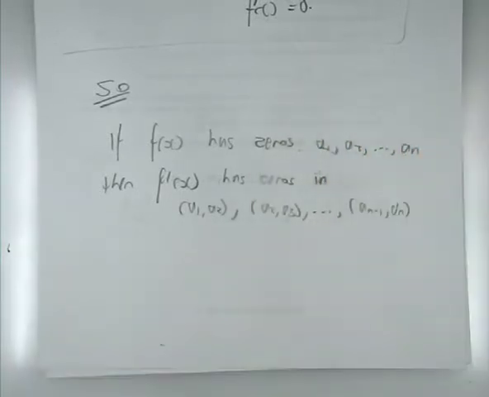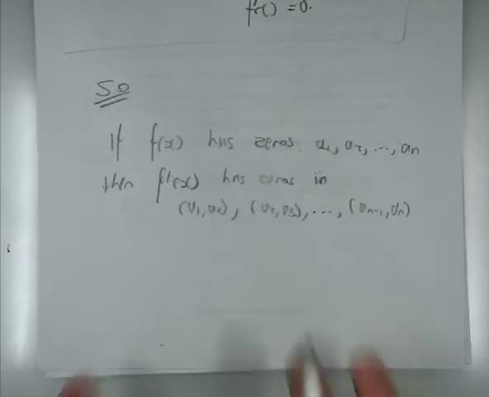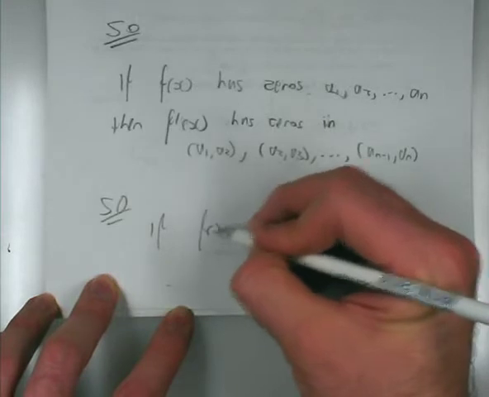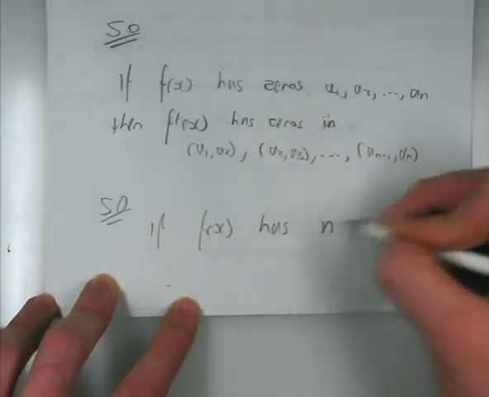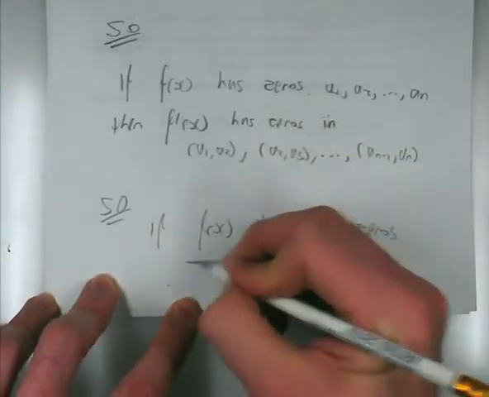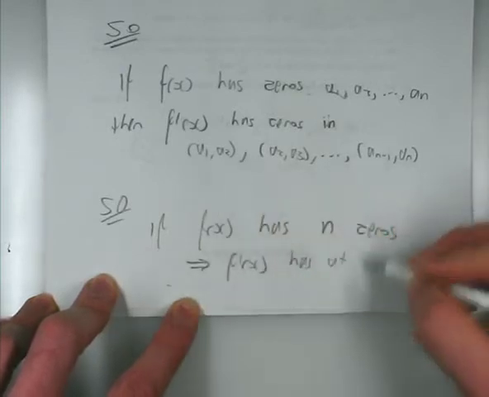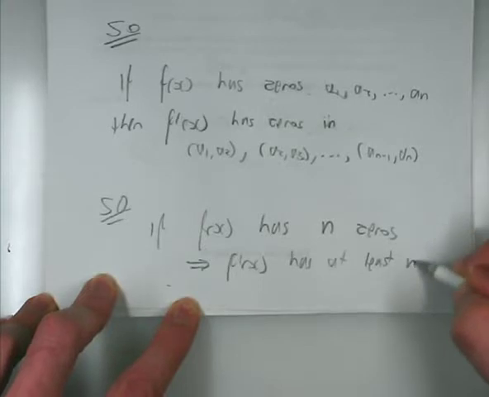Okay, so that's what it means. For every pair of zeros, you know that there's a zero of the derivative between them. So what that's basically saying is, if f of x has n zeros, that means that f dash x has at least n minus 1 zeros.